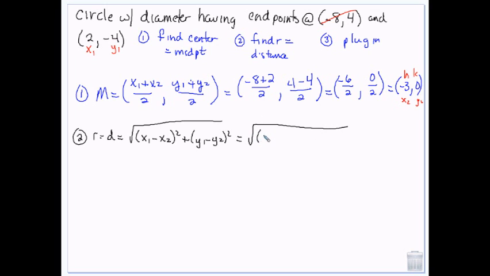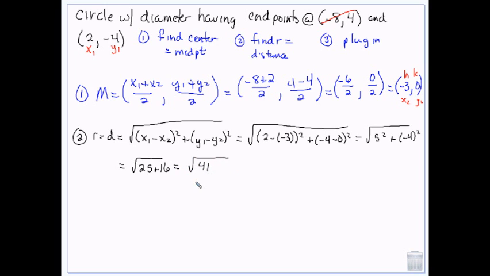All right. 2 minus negative 3 squared plus negative 4 minus 0 squared. So I get 2 plus 3, so that's 5 squared plus negative 4 squared. So I get the square root of 25 plus 16, which is the square root of 41.